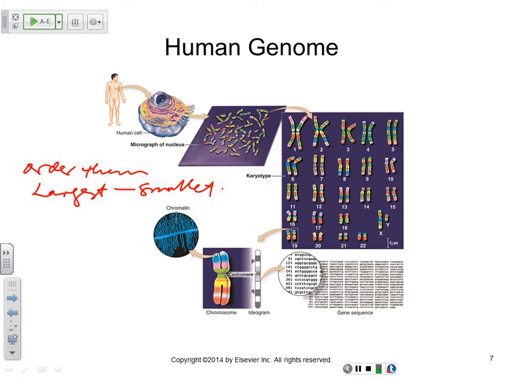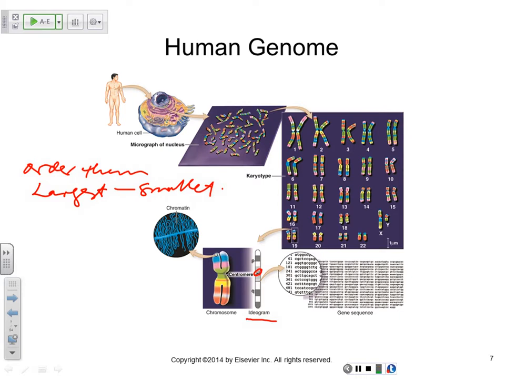But anyway, an ideogram is just a cartoon of this chromosome showing the centromere, all right? And what about the bands? There's something I want to mention later when we talk about P and Q arms.